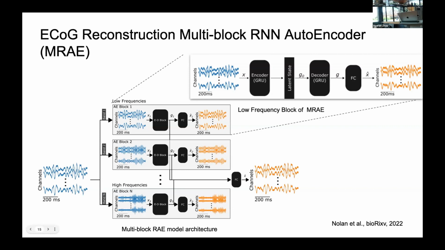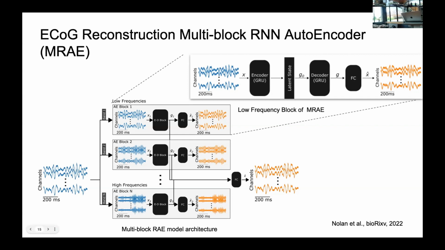Specifically, for one frequency band, the model is composed of an encoder, a decoder, and a fully connected layer. The encoder part is a GRU, and the decoder is shown like this. With this decomposition of the signal, we can do a better reconstruction of the original ECoG signal.